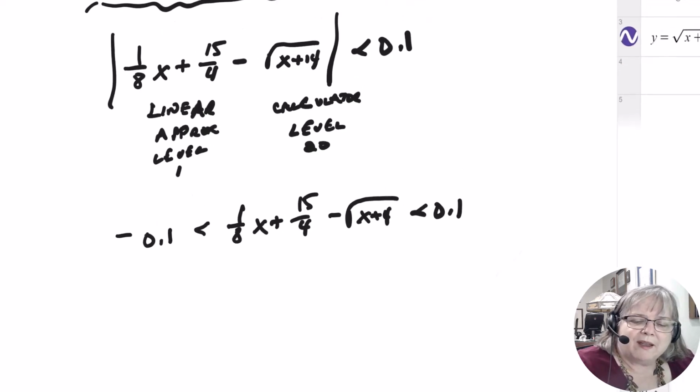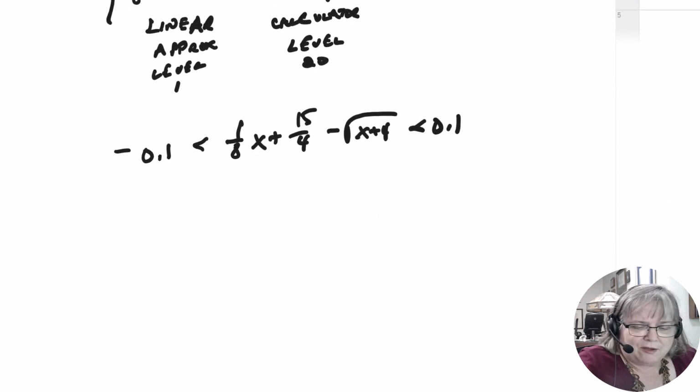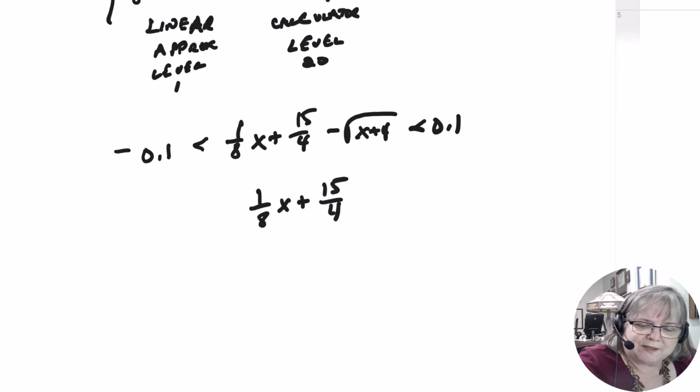Remember when you had absolute value inequalities and it looked like this, you say it has to be between, with 0.1 on either side, all right? So then your linearization, you add the square root of x plus 14 to all three sides.